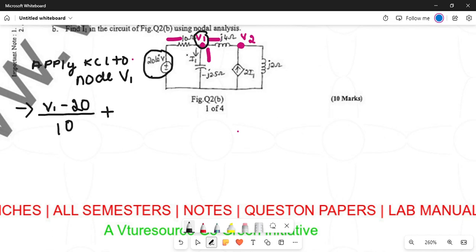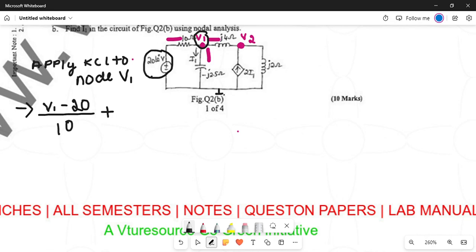This is V1. This V1 minus this 20 divided by this resistance 10. Right? I is equal to V by R. You know that, right? Yes.